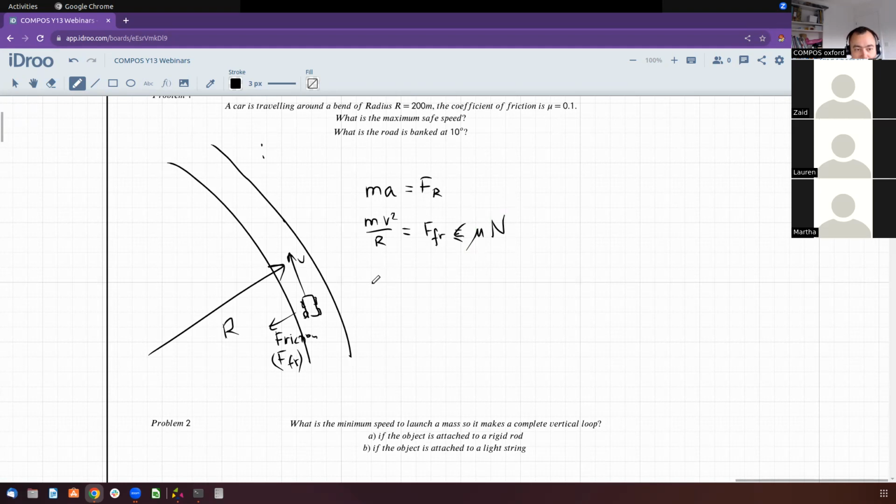Therefore mv squared over r is less than or equal to mu n, and n is equal to mg, so mu mg.